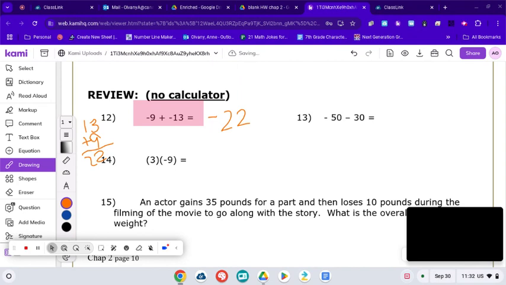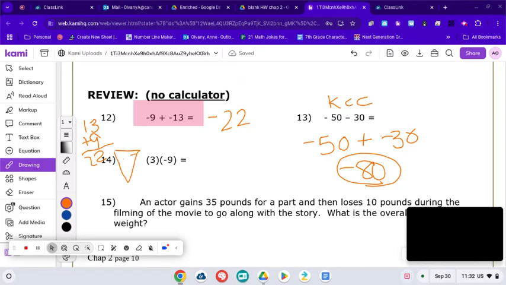Number 13, it's a subtraction sign in the middle, so you have to keep, change, change. And now it's same signs, add and keep. It's a negative 80. This one's multiplying. Remember our Dorito for that one. So we have a positive 3 and a negative 9. Means our answer is negative 27.